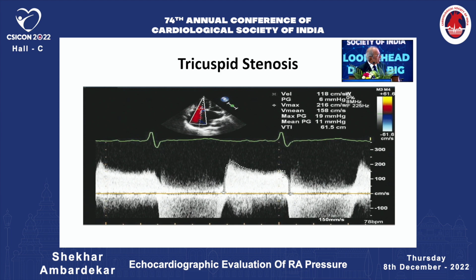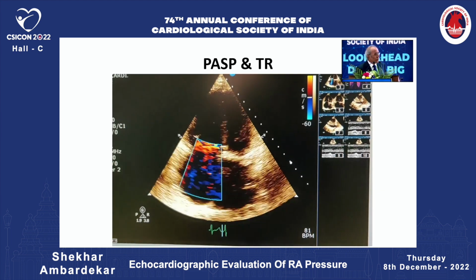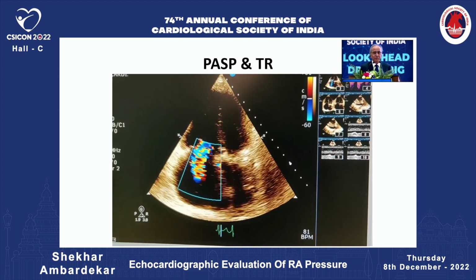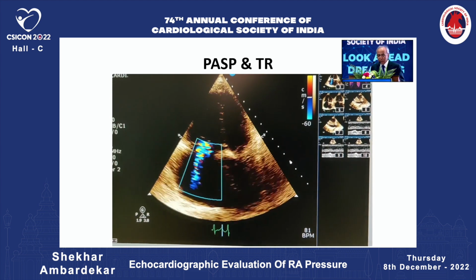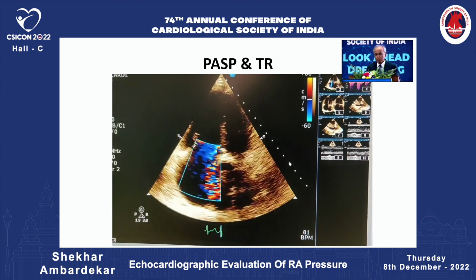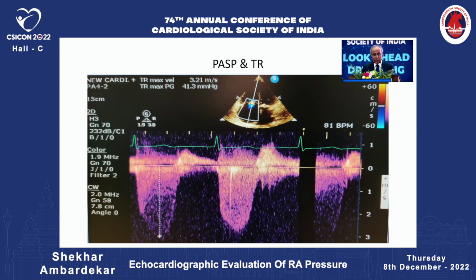Now, in presence of TR, for knowing pulmonary hypertension, this is very useful. By TR jet, we can get the gradient across the tricuspid valve. What we require now is additional right atrial pressure.